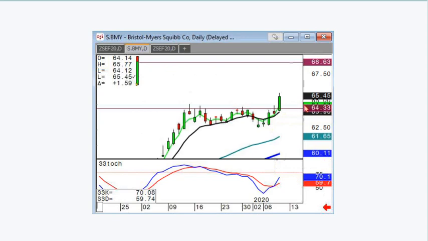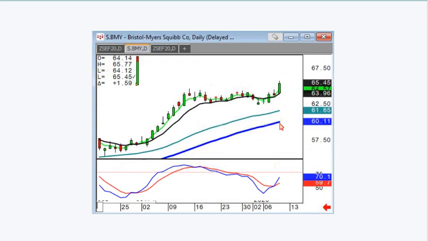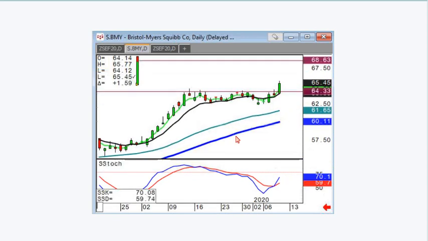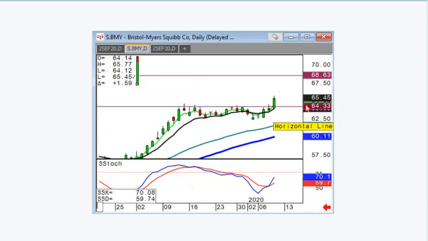I'm usually looking at, if this is wave one, and I'm going to just try to figure this out, let's say from 55 to 65, 10 points, and from here would take us up to maybe 75.